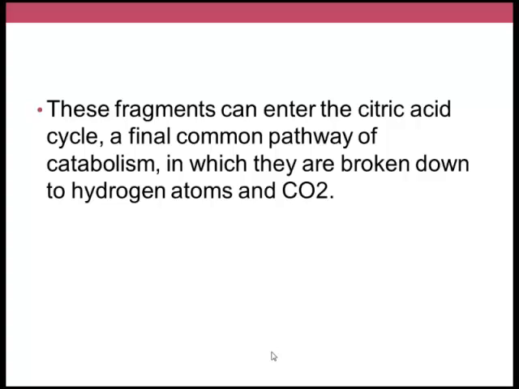These fragments can enter the citric acid cycle, or Krebs cycle, which is the final common pathway of catabolism. In this cycle, there is breakdown of these fragments into hydrogen and carbon dioxide.